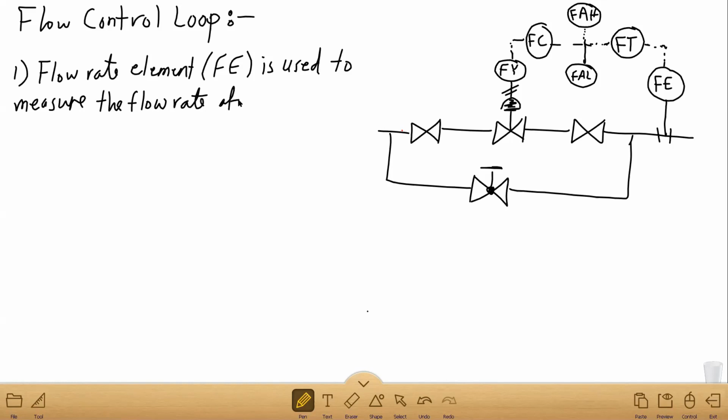And then maybe we have gas flow rate. System test.